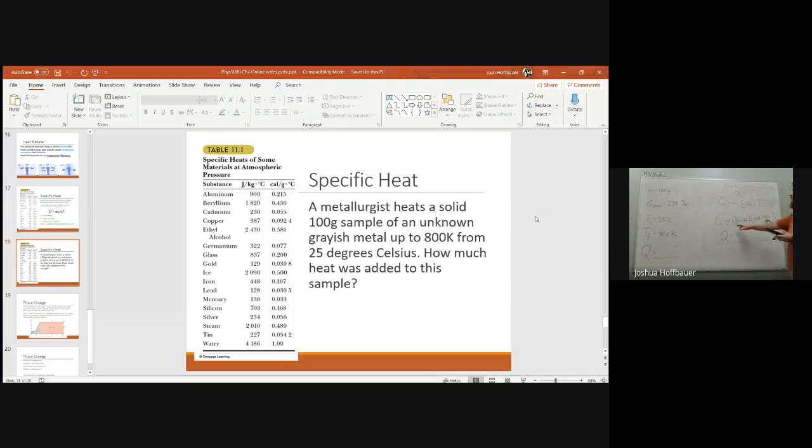So let's say it's the same mass of water even, 100 grams of water. So the same mass of water would take about 3 times as much thermal energy just to get from room temperature up to boiling.